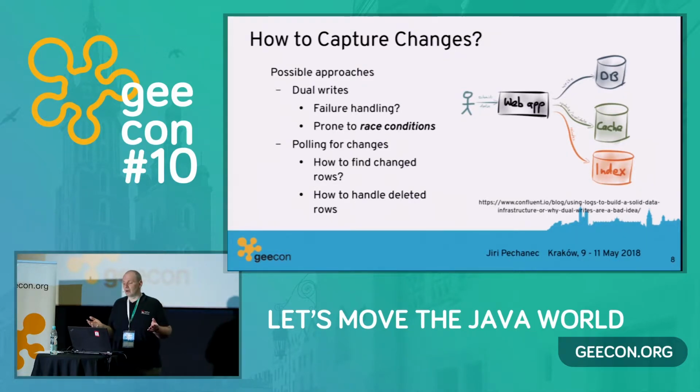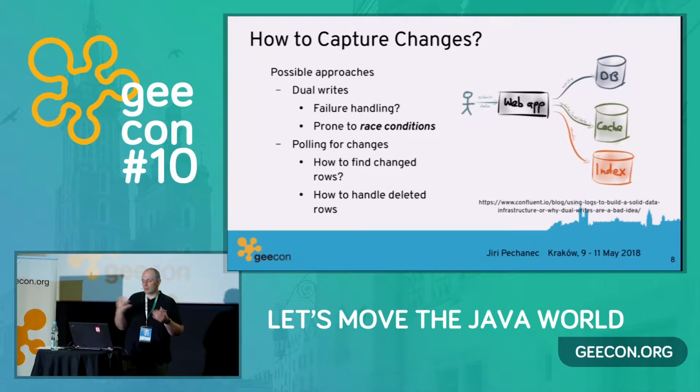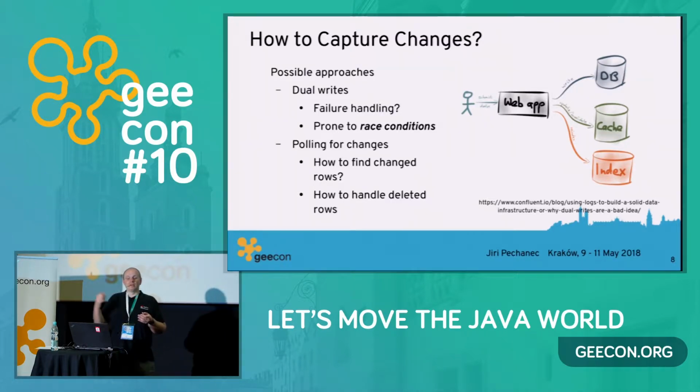The problem is that all of this is cluttering your business code because it's just ceremony. You are just doing all the same, just to different sources. Then you need somehow to think about how to handle failures.